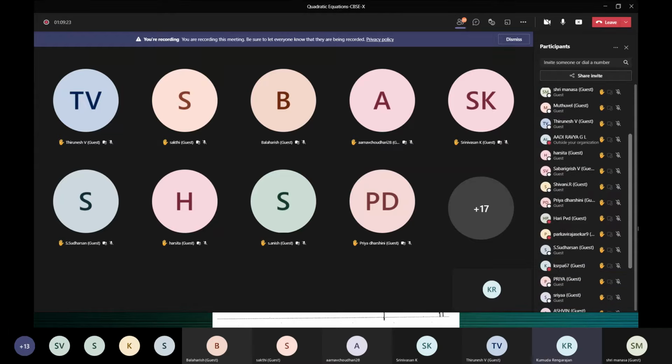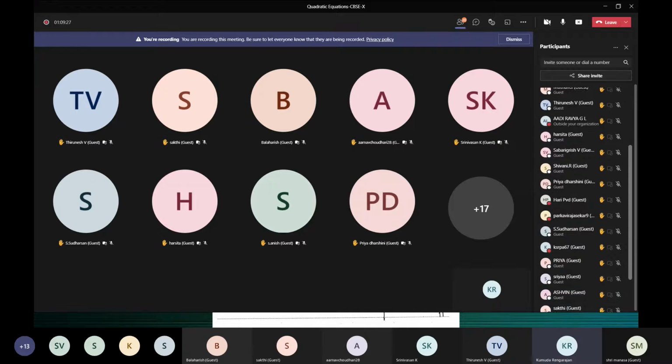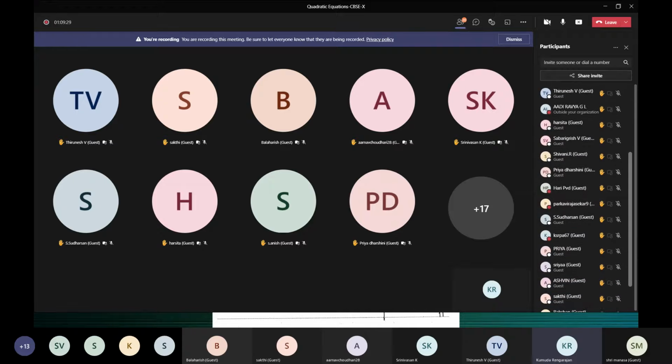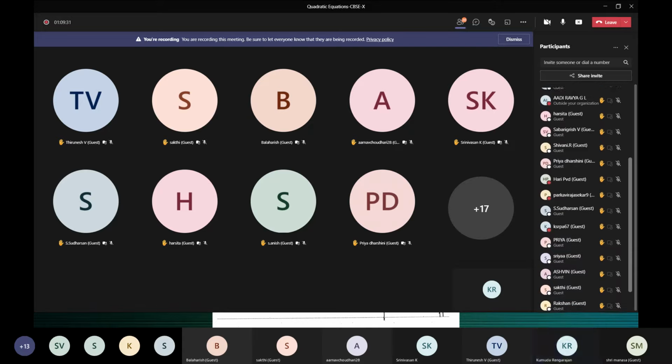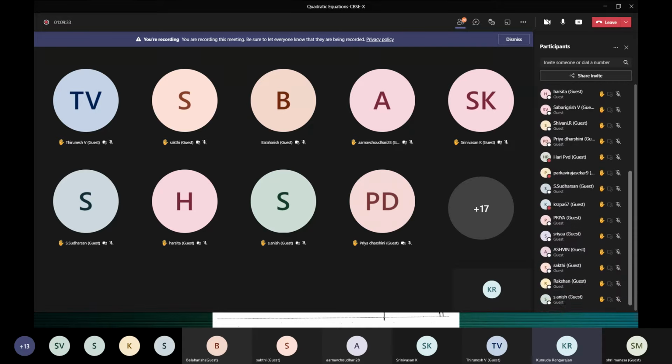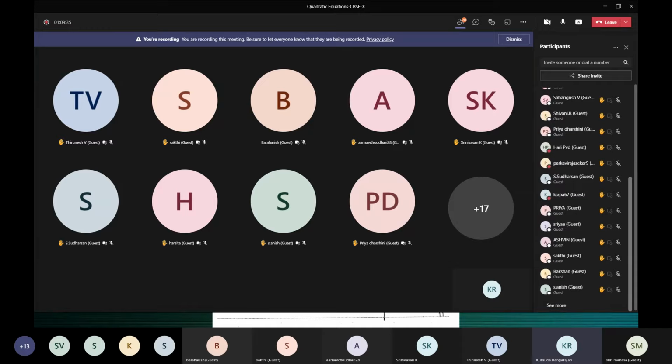Priyadashni is very quiet these days. I don't know why. She was a very active participant. Okay, Hariharan. Text me later, Priyadashni. Parthavi, Sudarshan, Shruti, Priya, Shreya, Ashwin, Shakti, Rakshan, and Anish. Some of us have not joined. See, we never have full attendance.